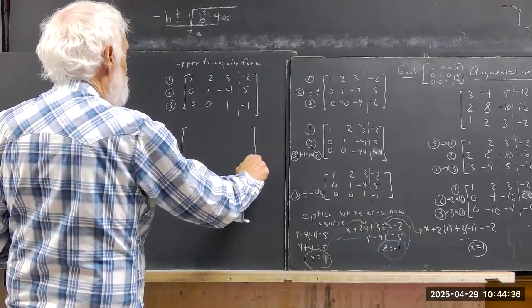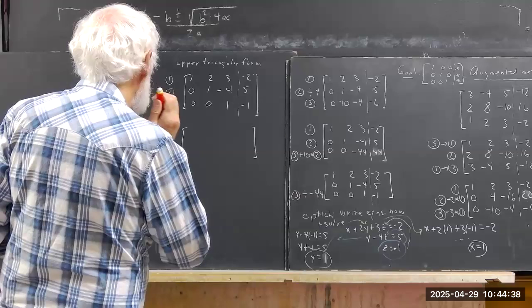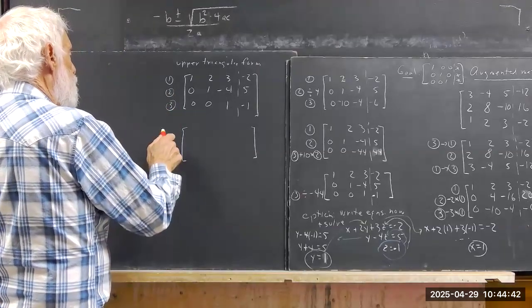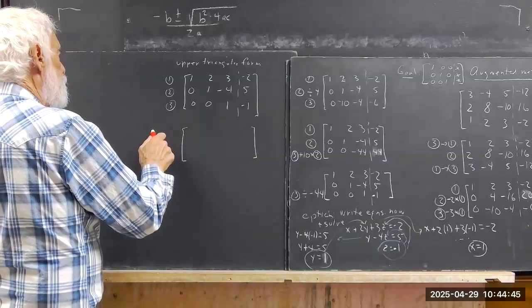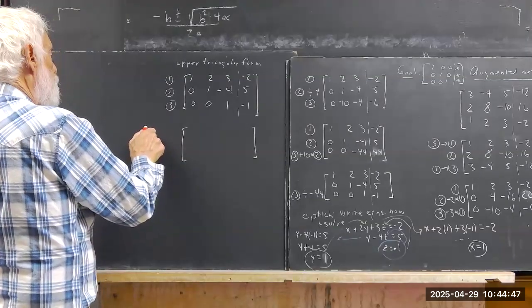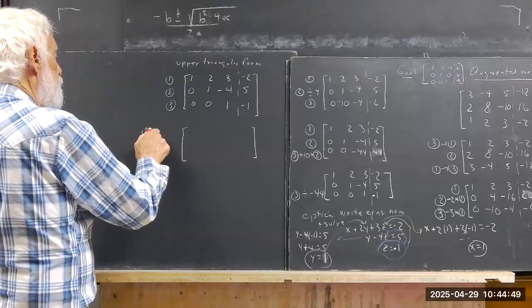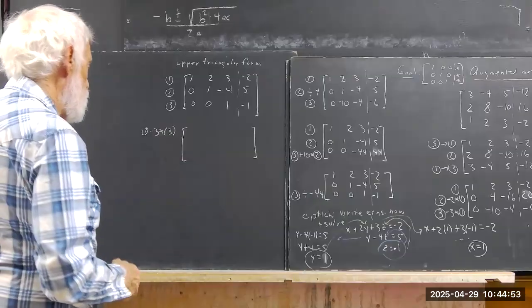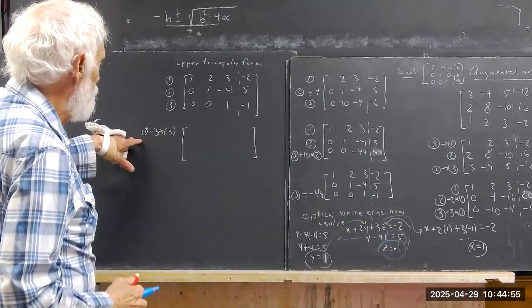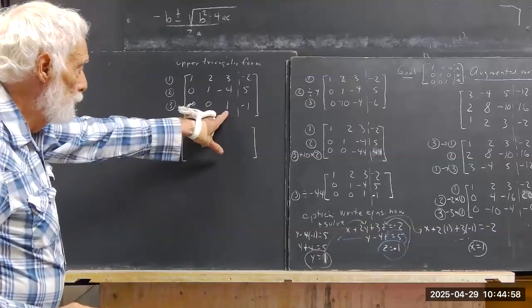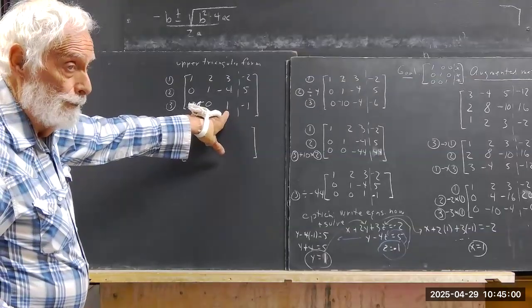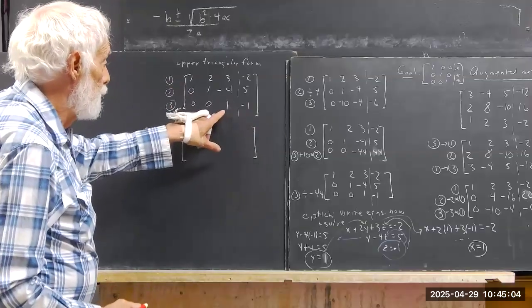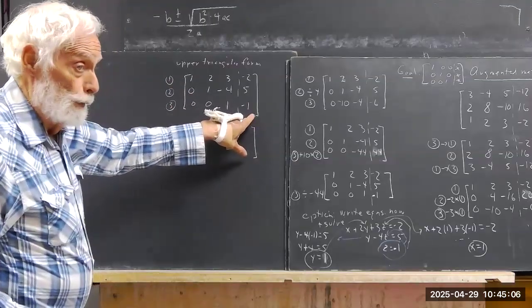Well, I've got to do -3 times row 3. Now I am just going to point here.